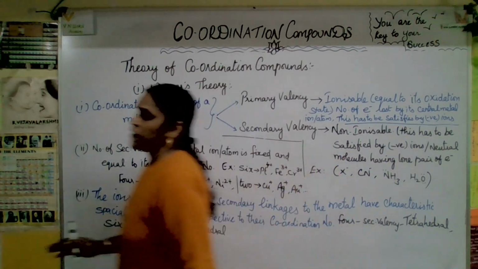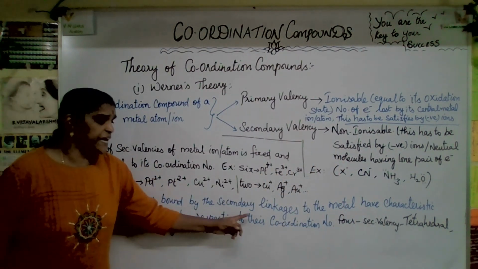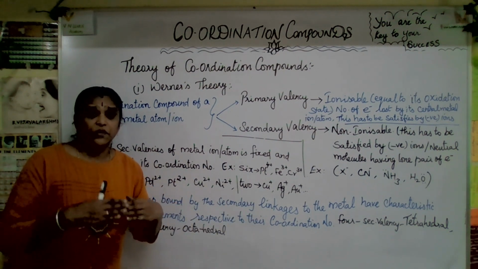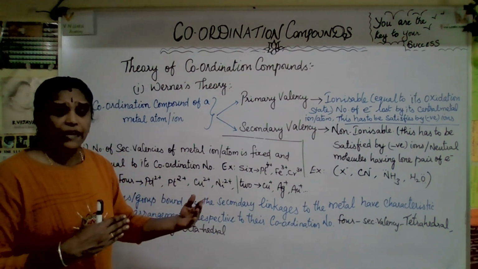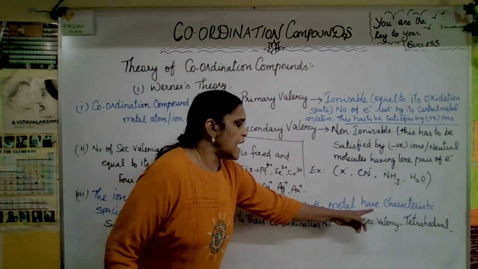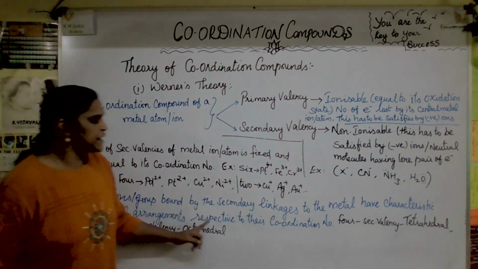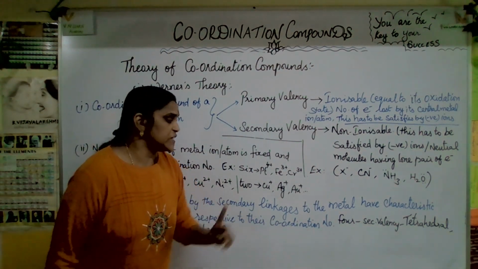Then the last point: the ions or groups bound by the secondary linkages, the linkages between the ligand and the central metal atom, have a characteristic spatial arrangement corresponding to their coordination number.